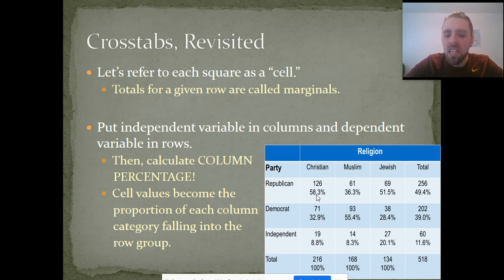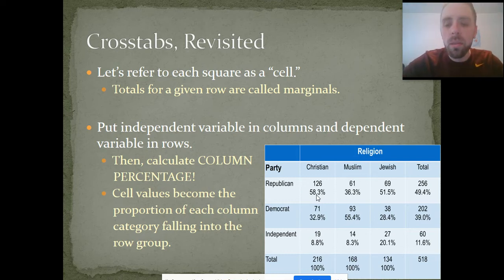Now, 71 or 32.9% of Christians are Democrat, and 19 or 8.8% of Christians are independent. Sum those three together down through the column of Christian, and we get to 100%. Now, to go through the rest of the cells, all religious affiliations are operating on the same logic of column percentages.